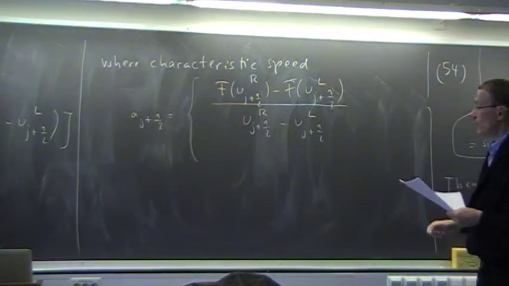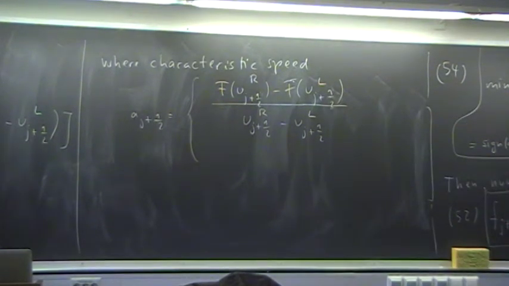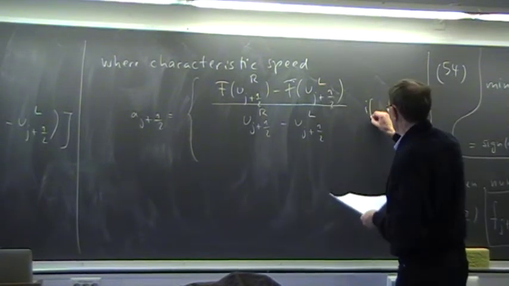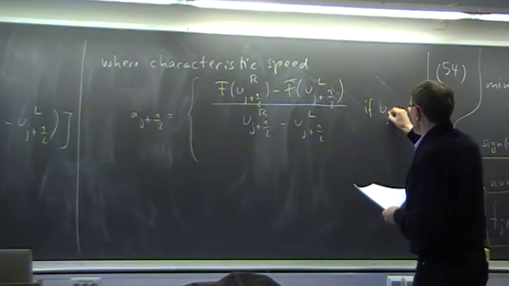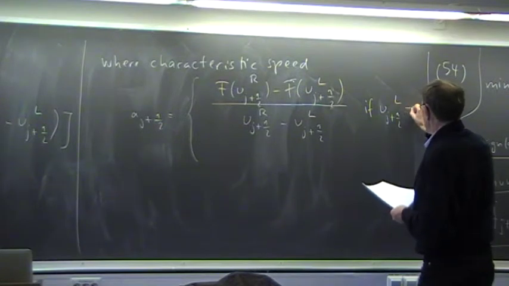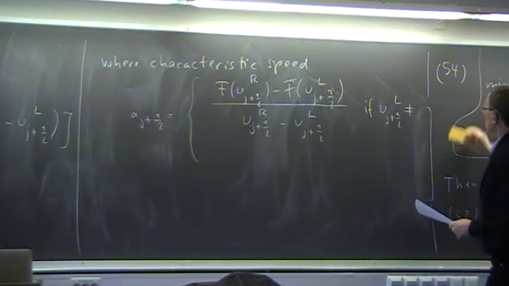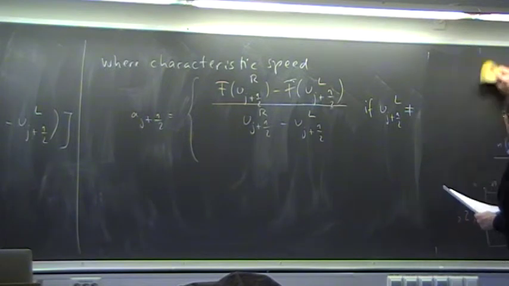And that we can only do, of course, if the extrapolated values are different. Otherwise we would have a divide by 0. So that is u_{j+1/2} left, and that is not equal to u_{j+1/2} right.